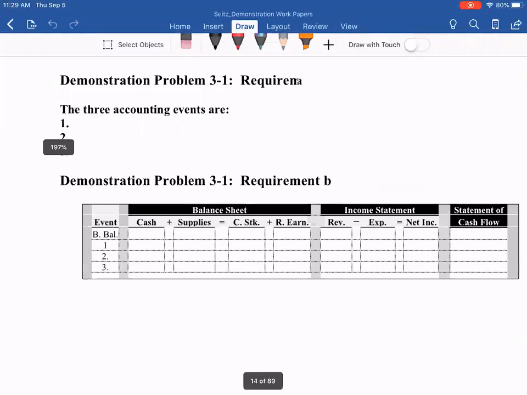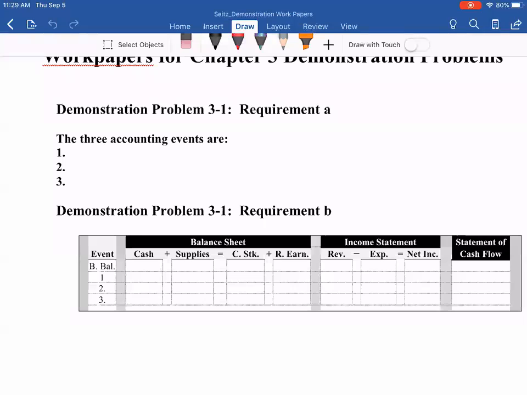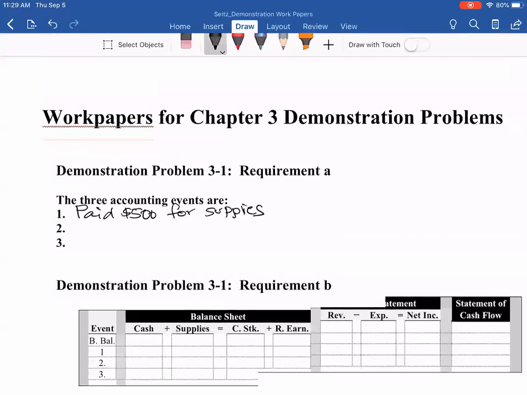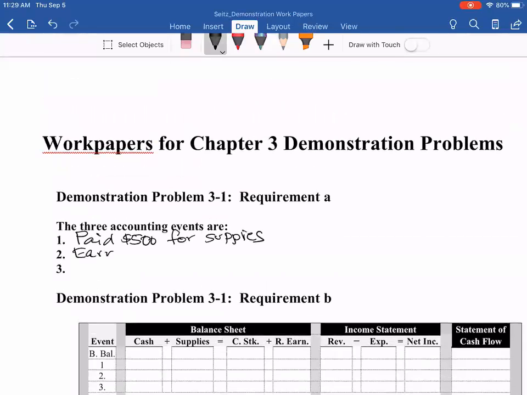So the very first thing that I notice is that we paid $500 for supplies. That's the first thing I notice. We earned revenue, so we earned $800 in revenue, and that we recognize that there was an expense.